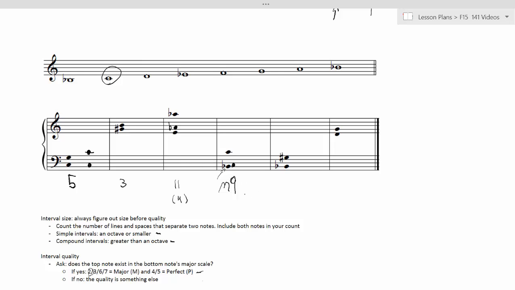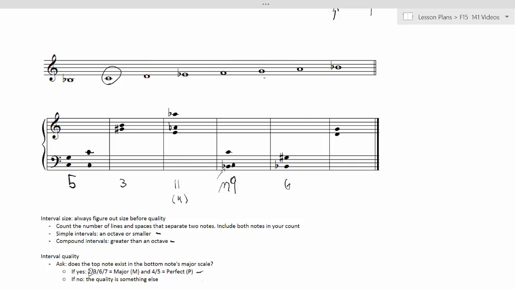Okay, let's try another one. Here's B flat to G sharp. The first step is to determine the size. So I'm just going to count 1, 2, 3, 4, 5, 6. This is a sixth. If I go down to my bullet point here, I see a sixth is major if the top note exists in the bottom note's major scale. So I need to know, is G sharp in the B flat major scale, right?